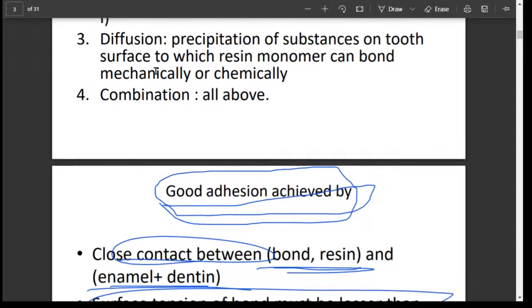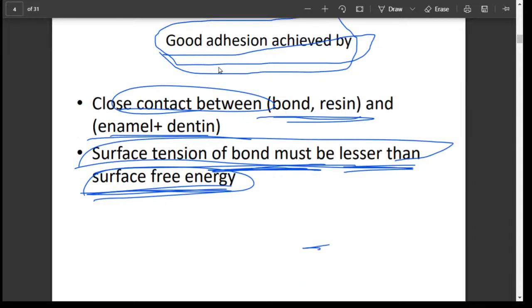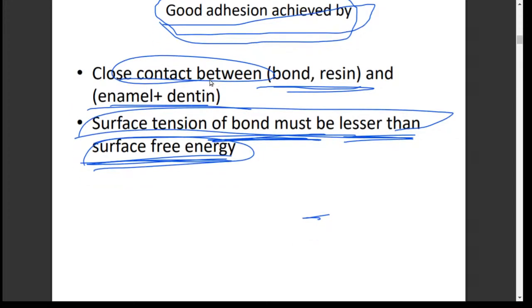In the next slide we can see the good adhesion achieved by close contact between bond, resin and enamel dentin. The surface tension of the bond must be less than the surface free energy.